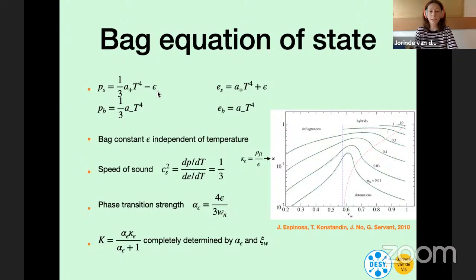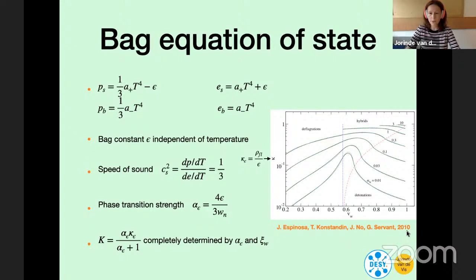And this epsilon is independent of the temperature. But this is really a simplified situation. And in this situation, the speed of sound is always 1/√3. Now, in this specific model, you can define a phase transition strength that is based on this bag constant.